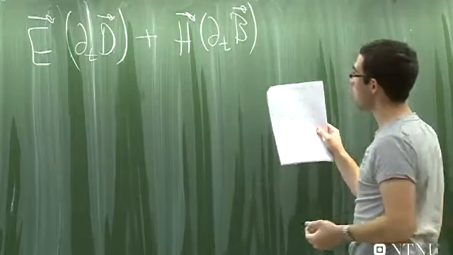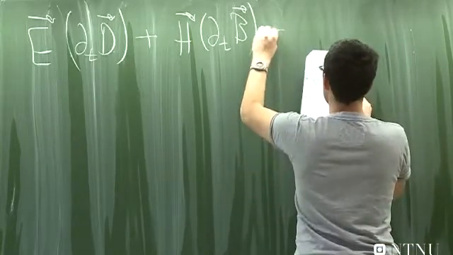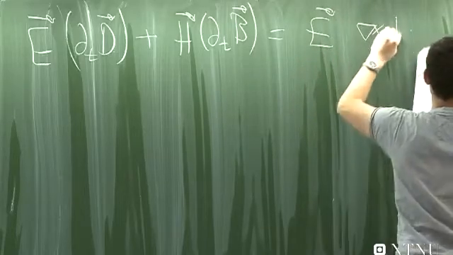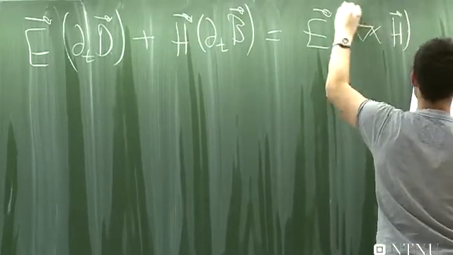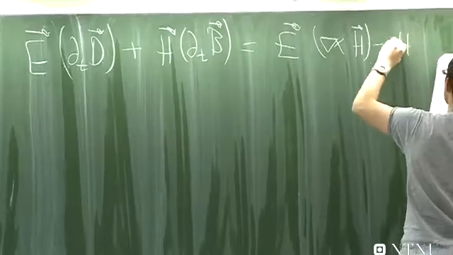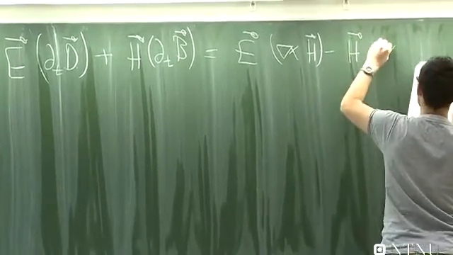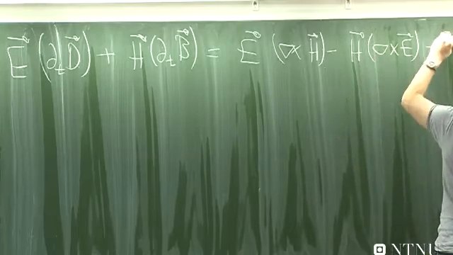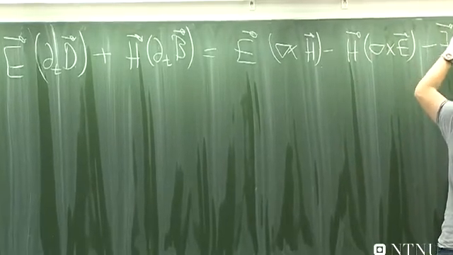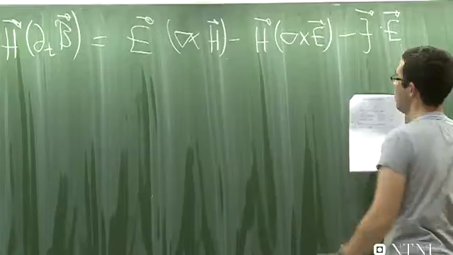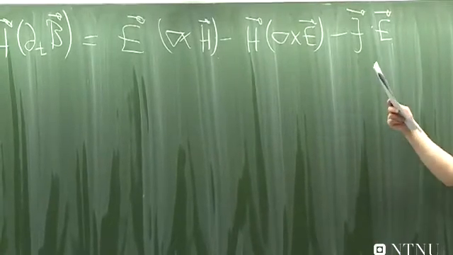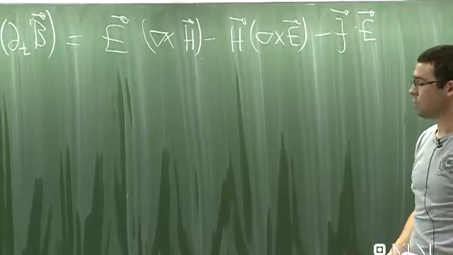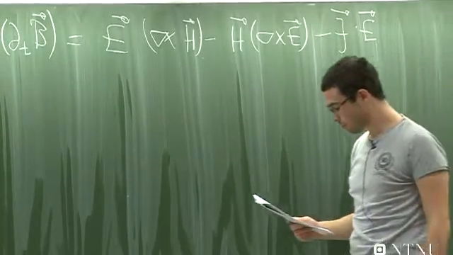Equivalently for the magnetic fields is equal to... and there's the work term, and these two terms that will become the Poynting's vector.